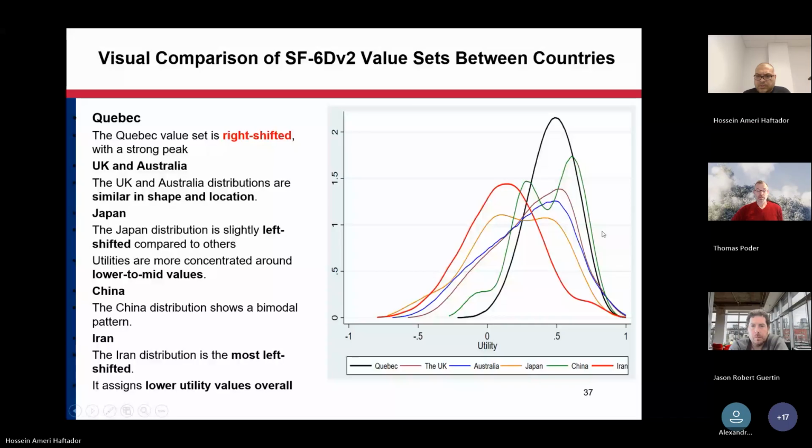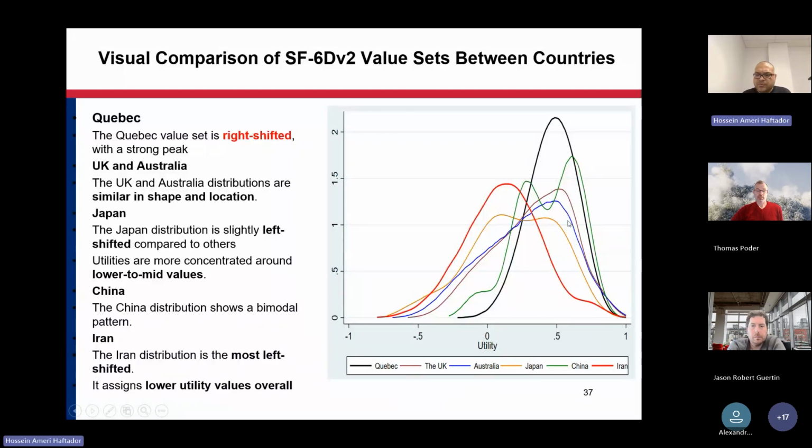Also, China is narrower compared to other countries. Quebec has a strong peak. Quebec and China are right shifted. The distributions of value sets for Quebec and China are concentrated around mild to moderate values.